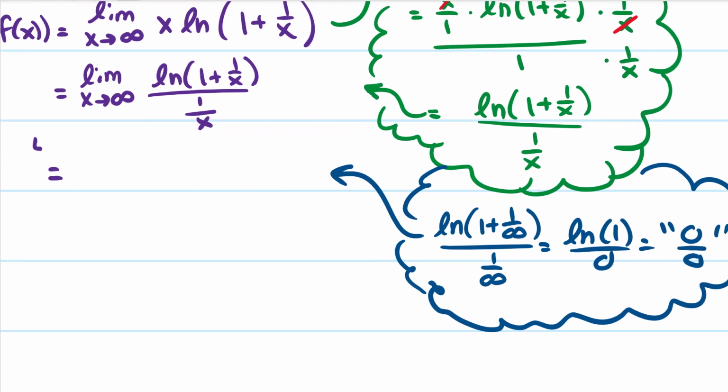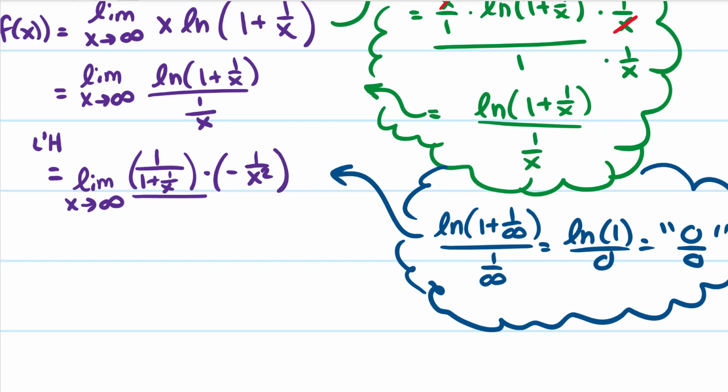So this is equal to, by using L'Hopital's rule, and pay close attention because this gets kind of tricky, the limit as x approaches infinity. The derivative of ln of x is 1 over the inside, 1 plus 1 over x, times the derivative of the inside, and the derivative of the inside of this function is negative 1 over x squared, all divided by the derivative of the denominator, which is negative 1 over x squared.